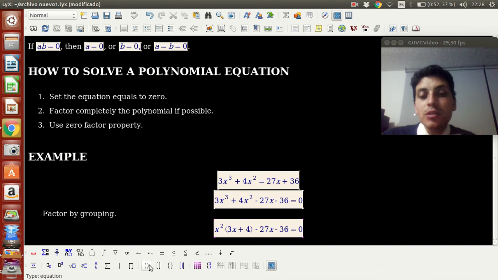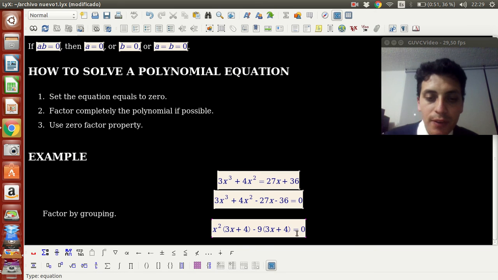Here the GCF of negative 27 and 36 is negative 9, giving 3x plus 4. Let's check: negative 9 times 3x is negative 27x, negative 9 times 4 is negative 36. So yes, we're factoring completely.